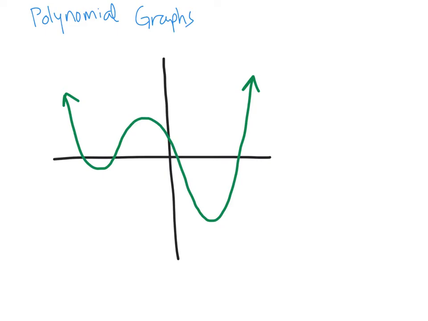So we were talking about degrees, and I want to talk about 2 things here. First of all, I want to talk about the word roots. So a root, and you talked about this last year with quadratics. When you're finding a root, what you're finding basically is the x-intercepts.